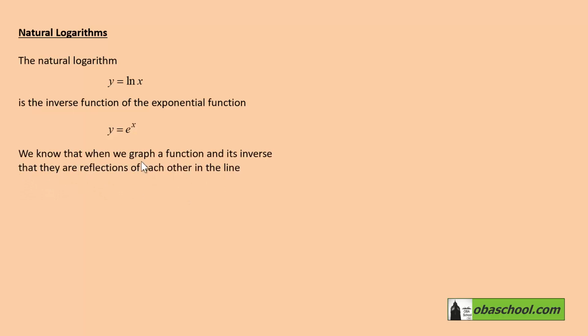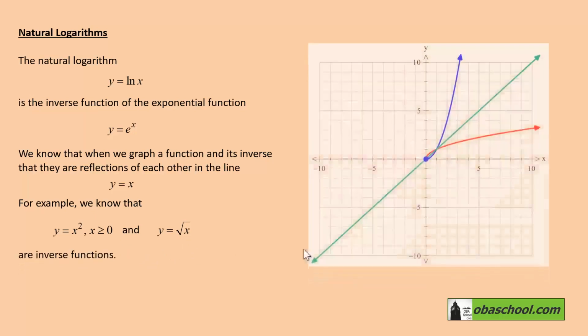We know that when we graph a function and its inverse, they are reflections of each other in the line y equals x. For example, we know that y equals x squared, defined for x greater than or equal to 0, and y equals the square root of x are inverse functions.